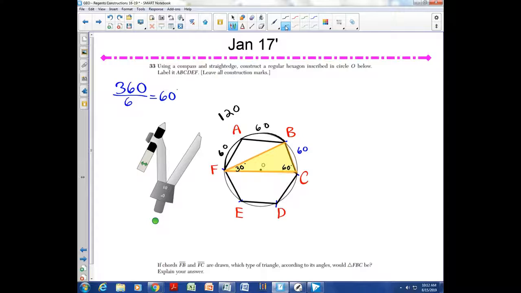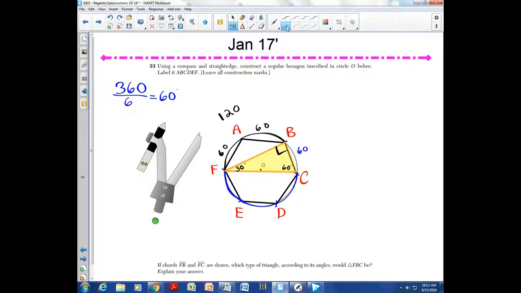Now, of course, we could figure out the last angle just by adding 30 plus 60, which is 90, and subtracting from 180, which is 90, or we can use the exact same method that we used for the others. This last angle is also an inscribed angle. It's an inscribed angle to an entire semicircle, or 3 of those 60-degree arcs, which is 180, and half of 180 is 90.